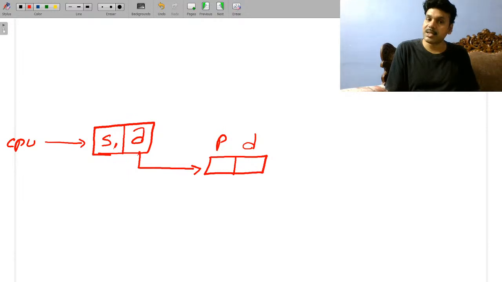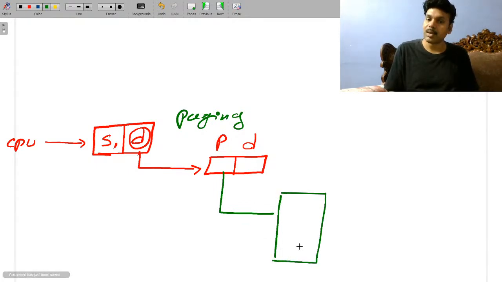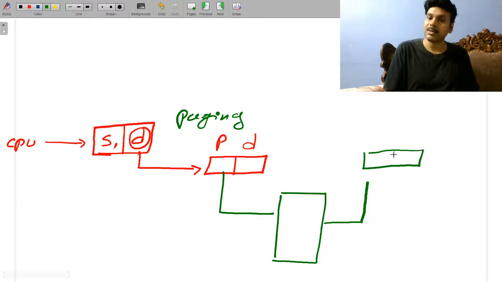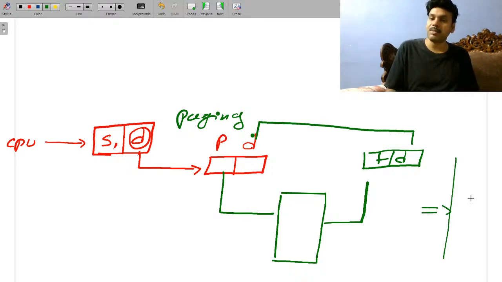This D I am doing a paging, only for the offset, the segment offset. Now you have to consult your page map table as usual. This will give you a physical address mapping, which is F comma D. Then finally you are able to contact your main memory.